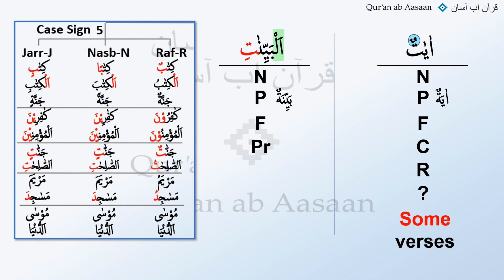What is the case sign now? Nasb and jar. We say it nasb jar and we write it like this. Good. Question mark. And the translation, we can use the same word, of course. The bayyinatun means a clear sign. So the clear signs. Excellent.